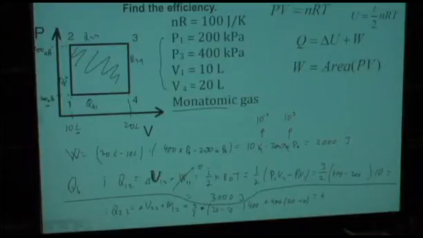So this is 4,000, and we have 3 over 2 from the first term plus 1 from the second. So that's 5 over 2 times 4,000. 4,000 divided by 2, 2,000. 2,000 times 5, 10,000.